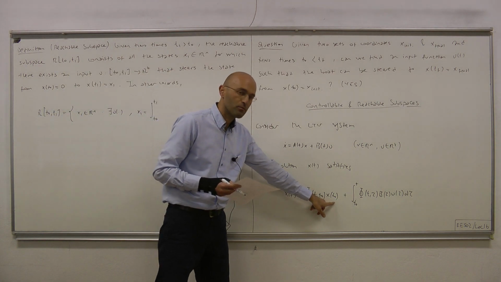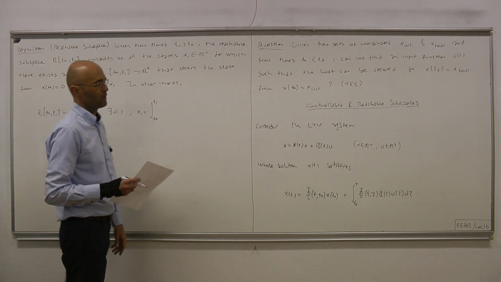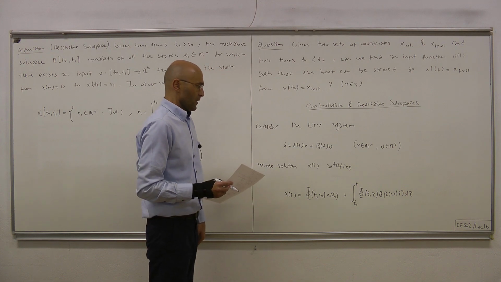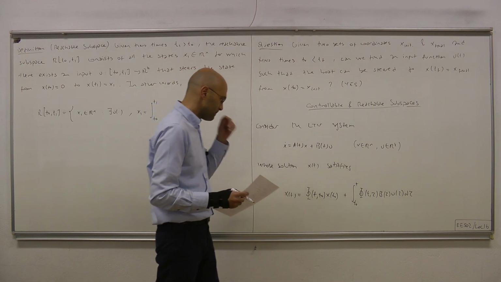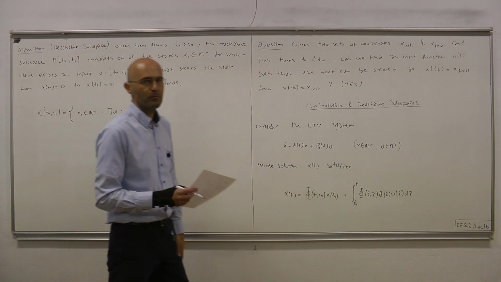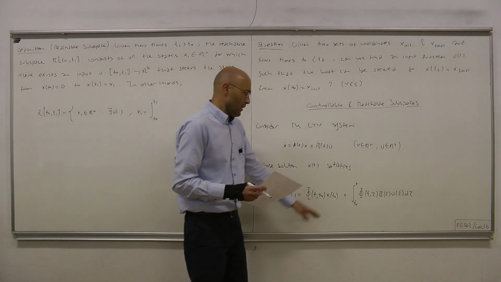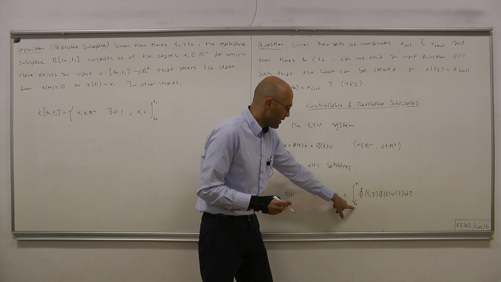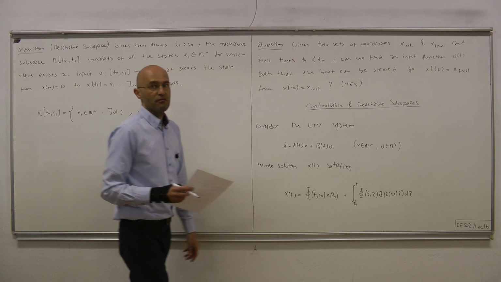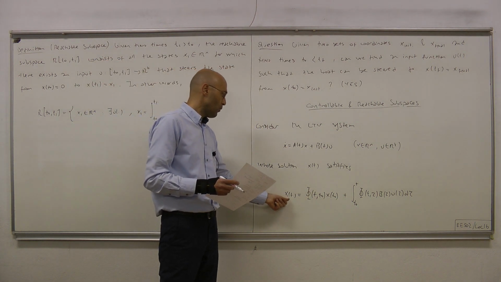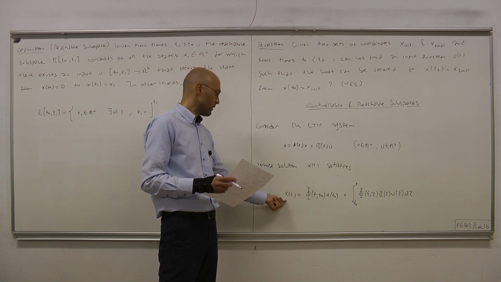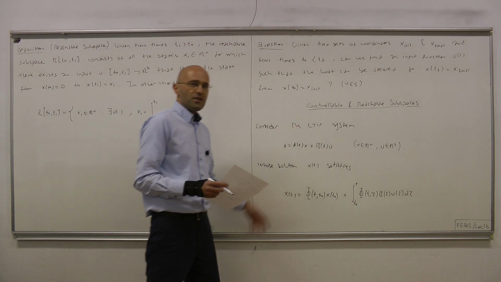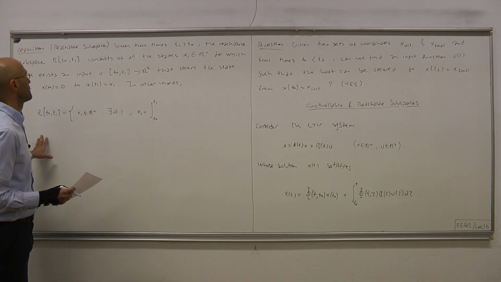Note that because we're starting from the origin, the homogeneous part just disappears. We only have that integral because we start from the origin, and the upper limit is t1. You pick all the possible inputs, compute all these integrals from t0 to t1 for all those different inputs, and for each different input you obtain a state. The set of all those states is defined as the reachable subspace.